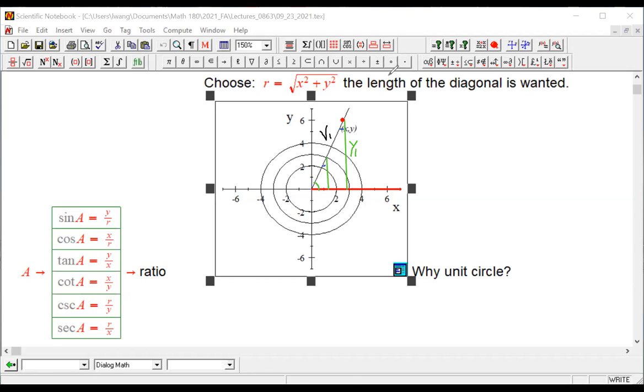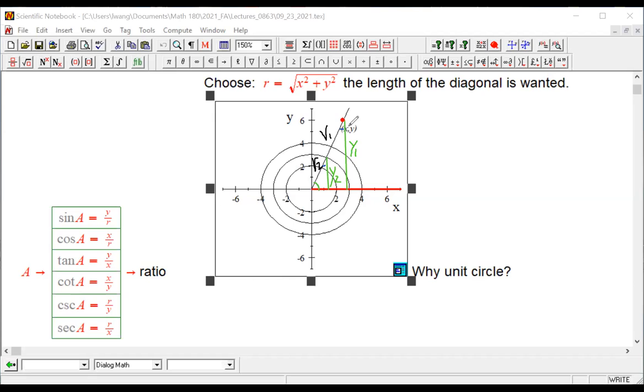And this other triangle, I call it Y2, and this other piece, R2. Because these two are similar triangles, their ratios of Y over R are exactly the same. You guys follow me? The ratios are the same.